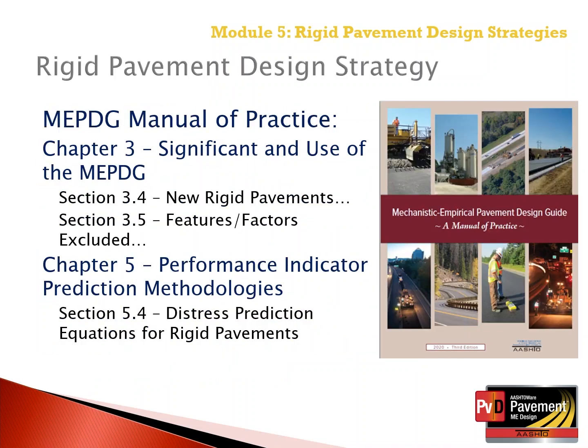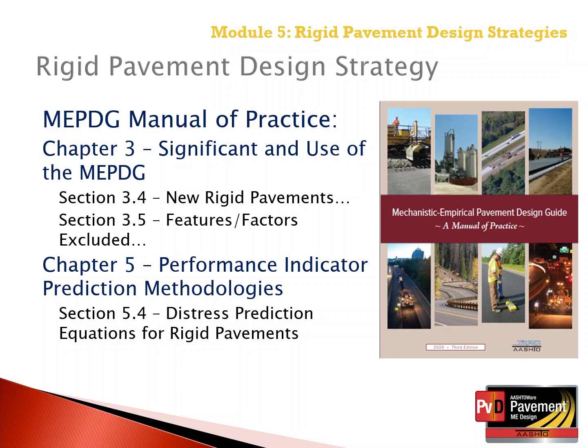Before getting into the details of the rigid pavement design strategy and discussing the transfer functions that are used in design, there are two to three chapters that include information or suggestions for rigid pavement design.